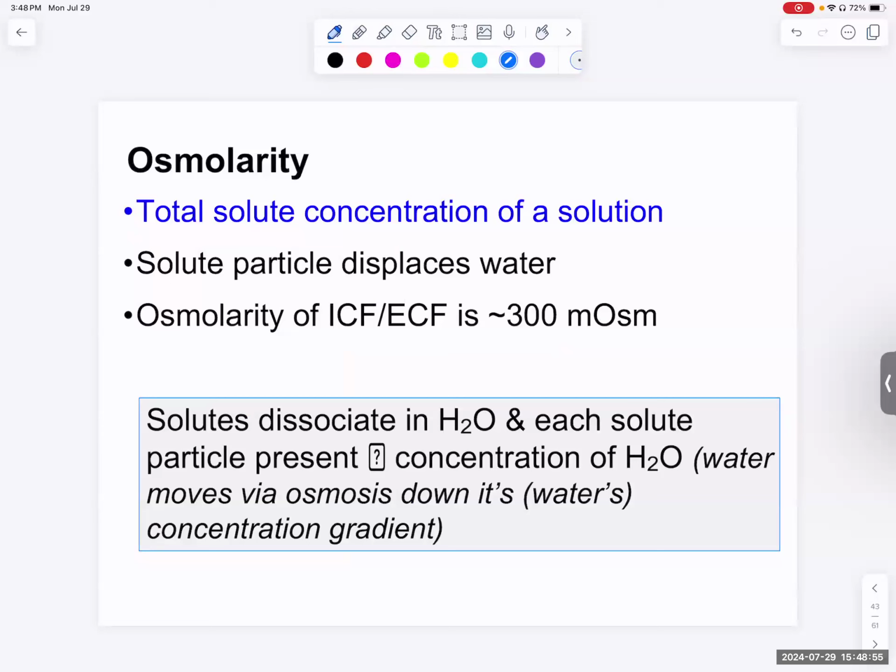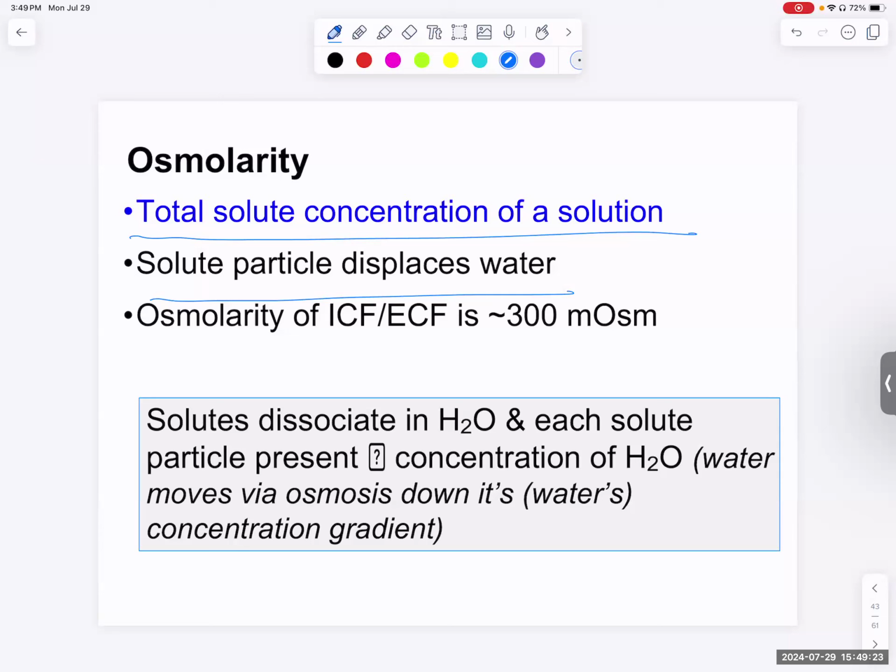This is different. That's osmosis. Osmosis is the way water moves. Water moves up a solute concentration gradient. Osmolarity is the total solute concentration in a solution. So the osmolarity is how many solutes are in a given solvent. Because solute particles displace water, they're going to be kind of pushing that water around.